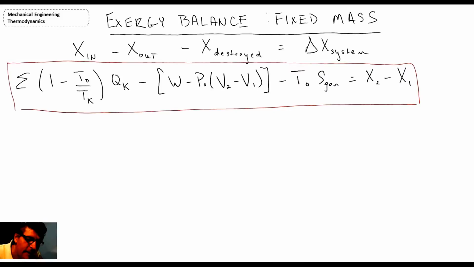The next thing I want to do is take a look at the exergy balance equation for an open system, or the control volume approach.